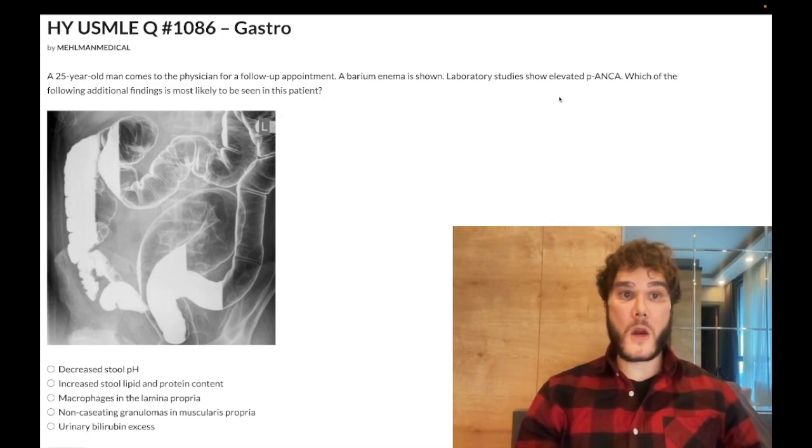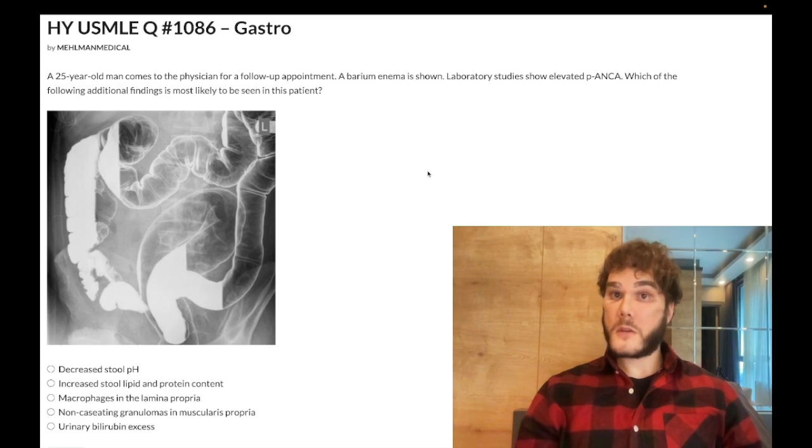I threw that in there to make it more obvious for those of you who raise an eyebrow to choice C. With primary sclerosing cholangitis, you will have increased serum ALP and direct bilirubin. Okay, so high yield for USMLE, primary sclerosing cholangitis with ulcerative colitis, you get P-ANCA positivity.